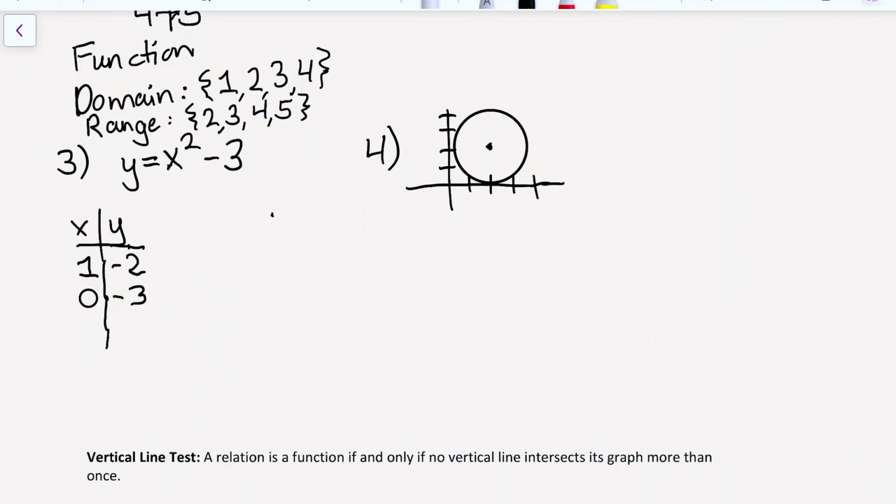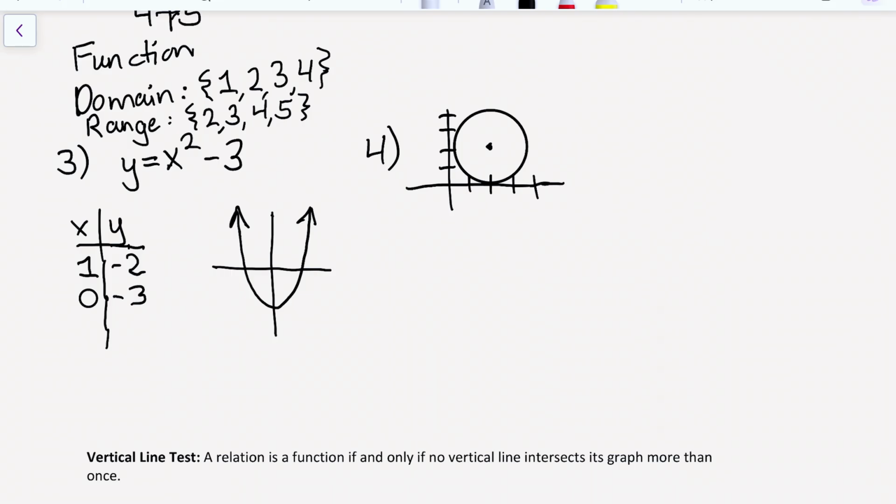You could also draw a sketch of this equation. The sketch of this equation looks like a parabola. It is a quadratic function, and this is roughly the shape. Based on the table of points or on the sketch, it does appear that this equation is a function. Every x value matches with exactly one y value.